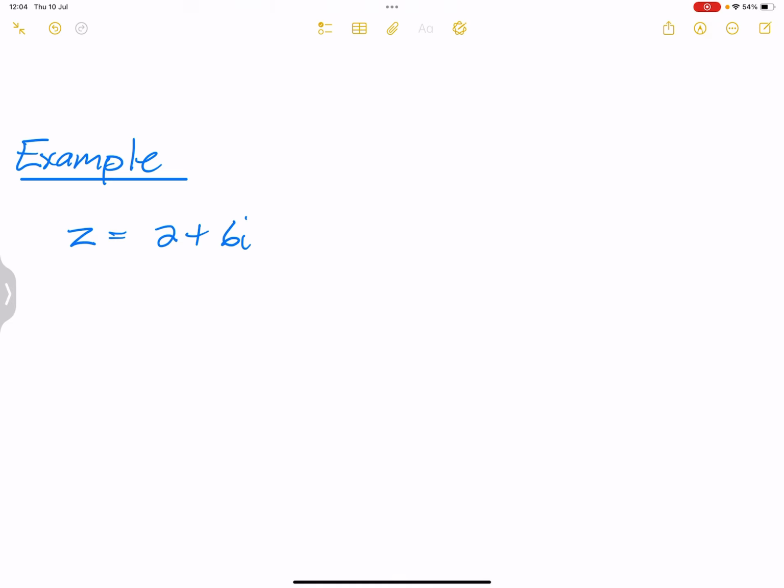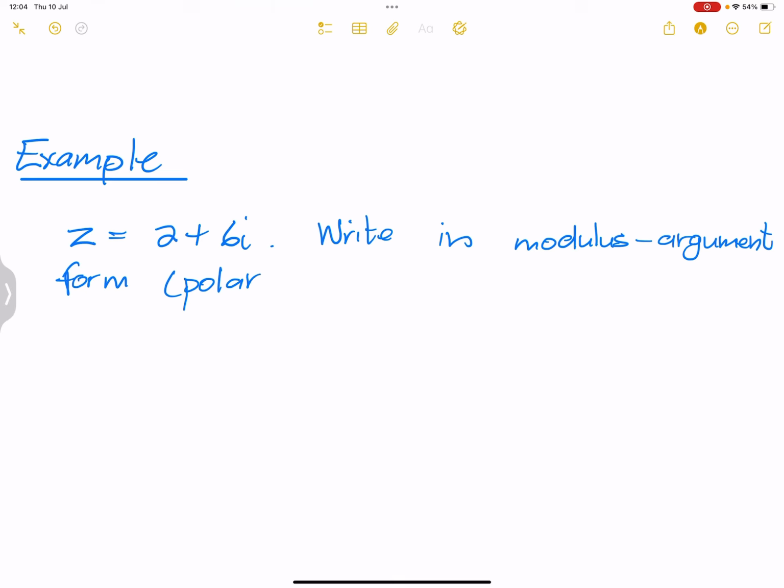And I would like for you to write this in modulus argument form, otherwise called polar form.